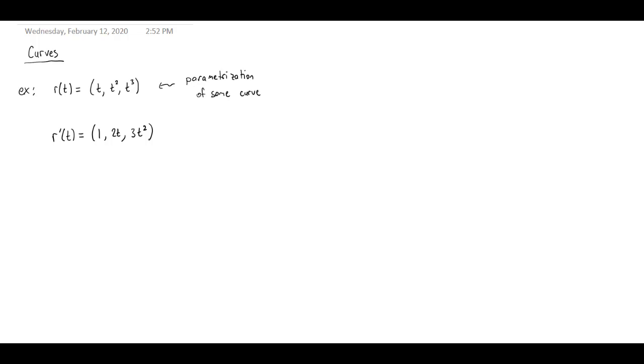So what does this derivative vector end up representing? Okay. So if I draw a generic picture over here on the side, let's say that this is our curve represented by r of t. And then let's say I pick a particular point on this curve.